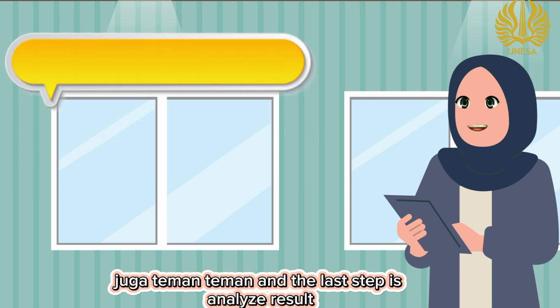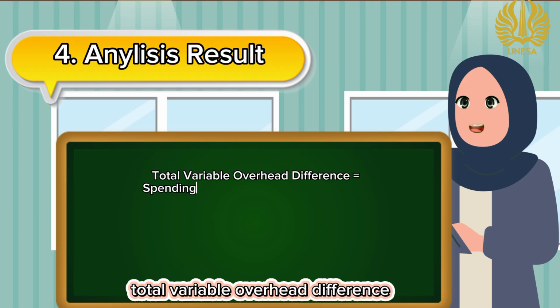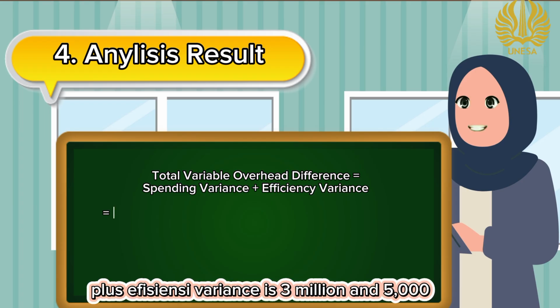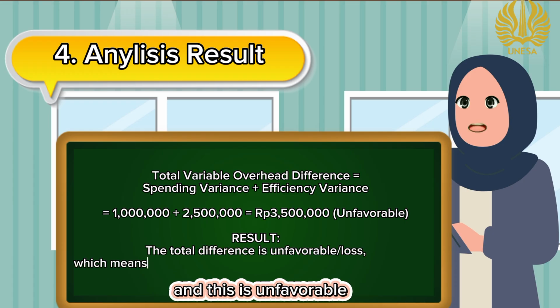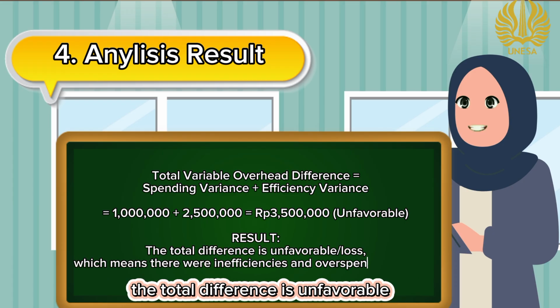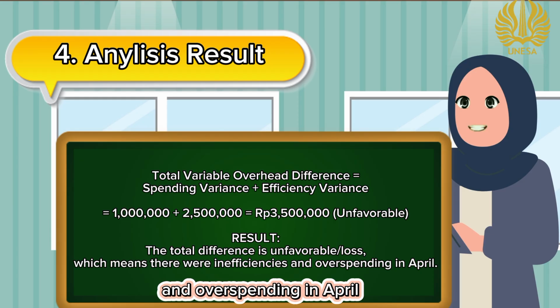And the last step is analyzing the result. Total variable overhead difference, spending variance plus efficiency variance, is 3,050,000, and this is unfavorable. The total difference is an unfavorable loss, which means there are inefficiencies and overspending in April.